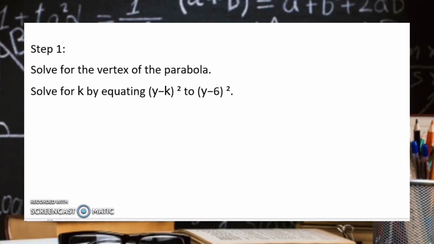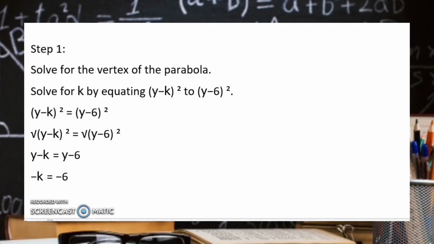The next is to solve for k by equating the quantity of y minus k squared to the quantity of y minus 6 squared. So it becomes the square root of the quantity y minus k squared equals the square root of the quantity y minus 6 squared. So y minus k equals y minus 6, becomes negative k equals negative 6. So that our k becomes positive, so it's positive 6.